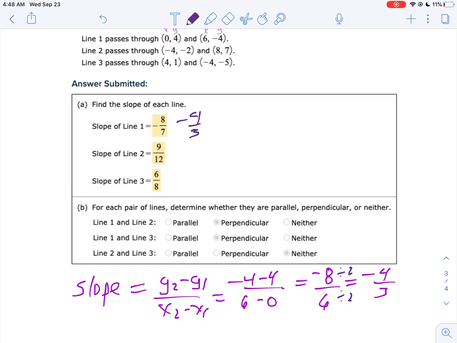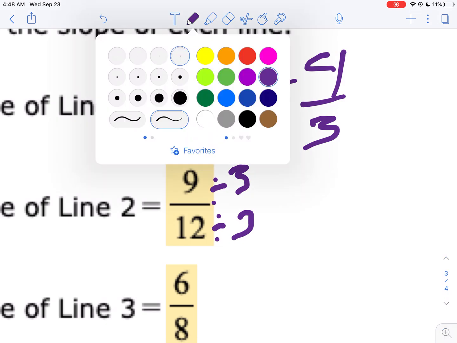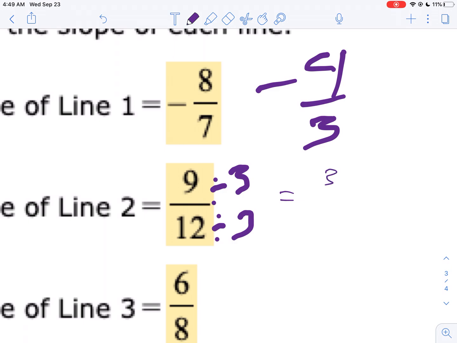So 9 over 12, I could divide each by 3, and you get +3 over 4. And when divide both by 2 on line 3, you get +3 over 4.